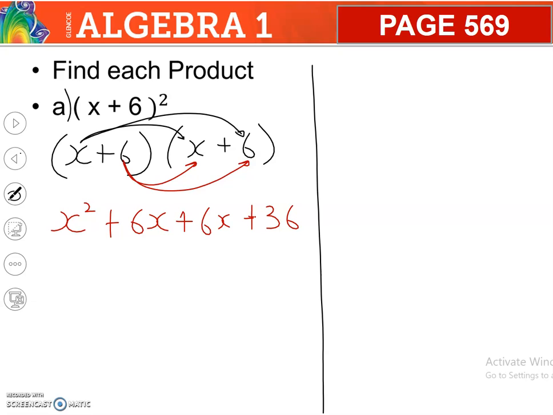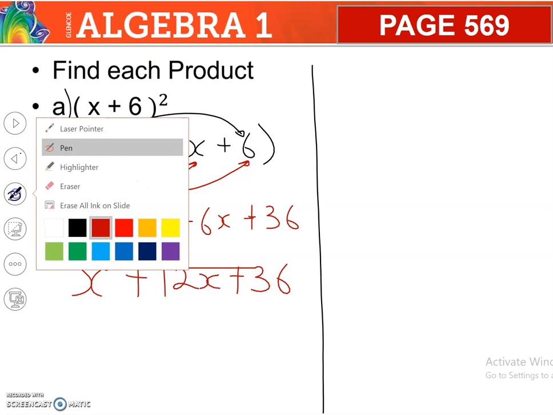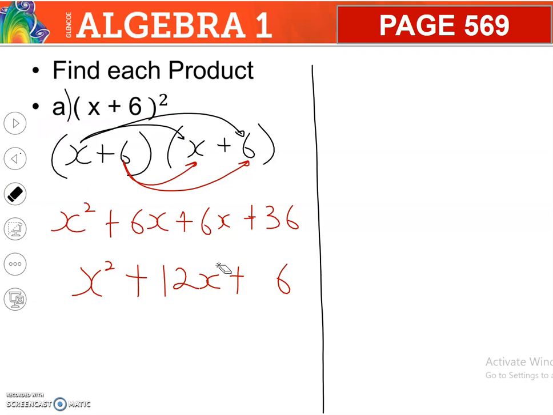Good. So in simplifying, we have x squared plus 12x plus 36, and that is our answer.